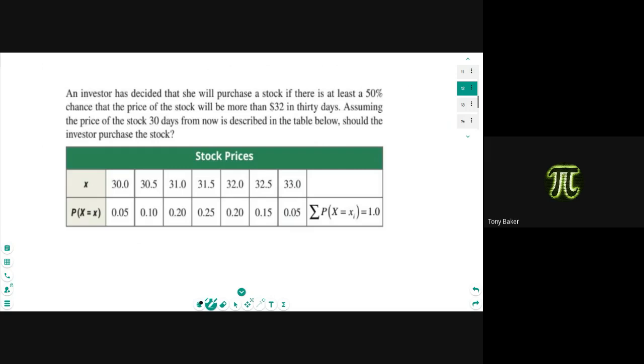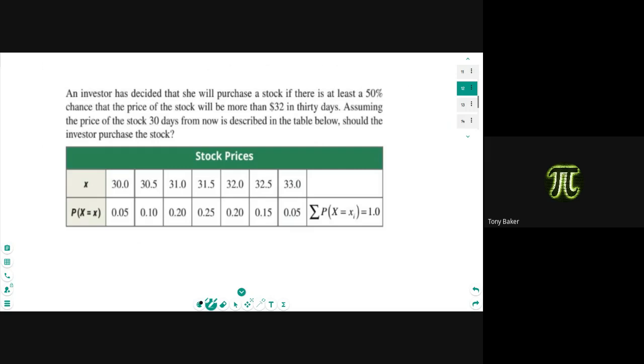So those are the stock prices, and those are the predicted values that they would occur. Totally made up, because there's no way you're going to know this 30 days out. You can look back at historical trends to get some idea, but it's still a guess.